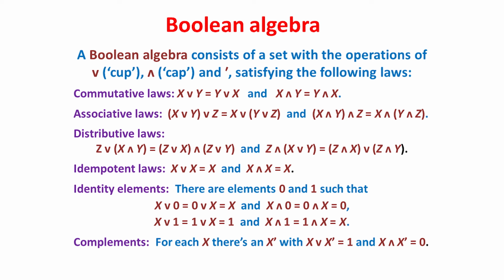It just consists of a set together with three operations: cup, which corresponds to the union of sets; cap, which corresponds to intersections of sets or Boole's multiplication; and a dash representing the taking of complements. These operations must then satisfy all these laws which correspond to those we had before. And using them, we can prove results that resemble those we saw earlier.